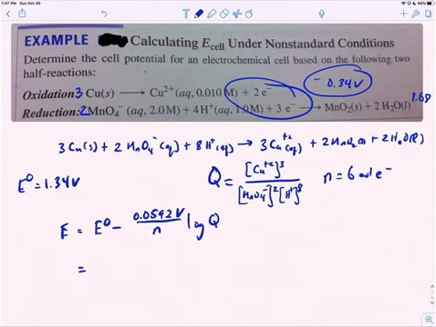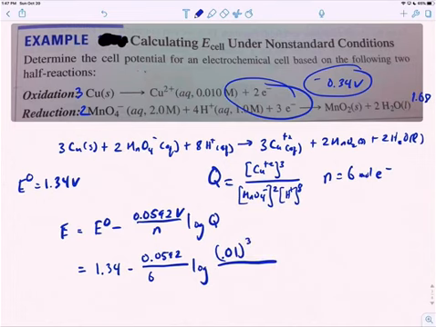Okay, so now we just put in the numbers. Our non-standard cell potential is the standard 1.34 minus 0.0592 volts over N, 6, log of, let's see here, you have 0.01 cubed all over MnO4 minus, so this is 2 squared, 1 to the 8th.